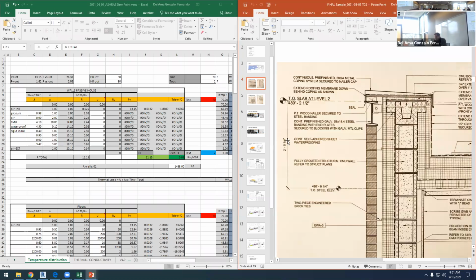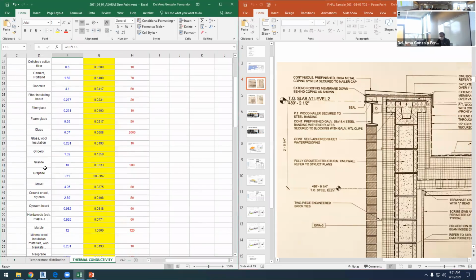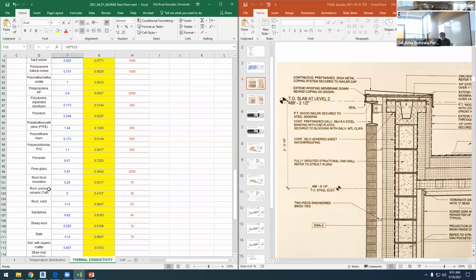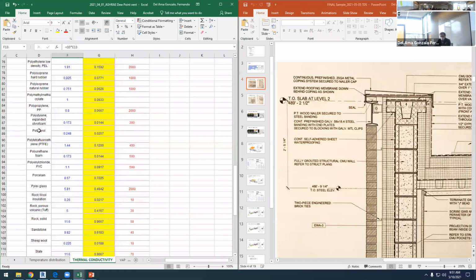So don't think that because we have paid for it, it will be perfect. No, we don't have information about the kind of insulation. Maybe there's another drawing, but it should be here. If this is 10 inches and I know that the brick is 4, so this can be 6, kind of. So let's say that rigid insulation is 6 inches. And the thermal conductivity of this rigid insulation, when we are talking about rigid insulation, we are talking about polystyrene. Yeah, this one, it's 0.173.